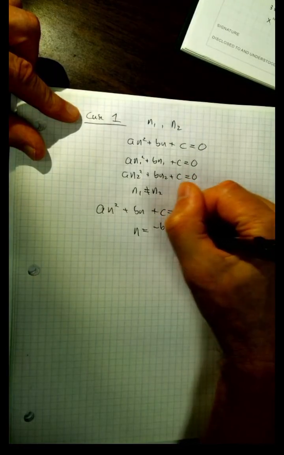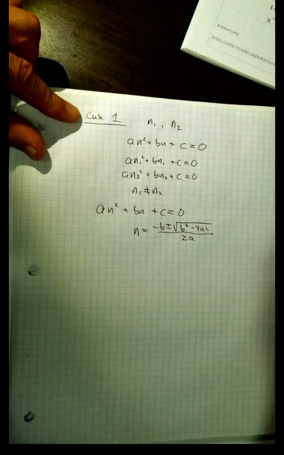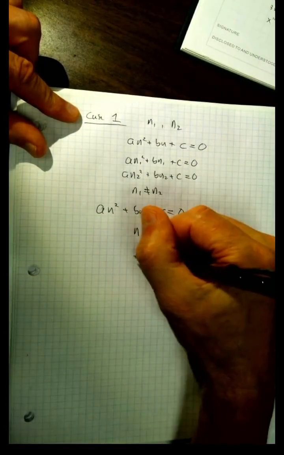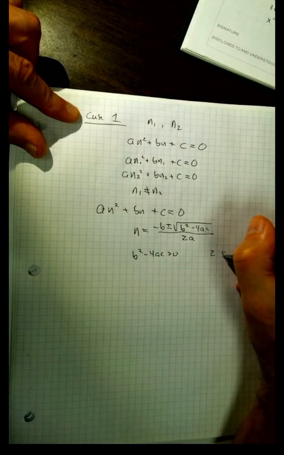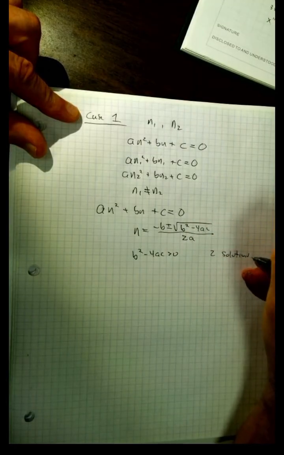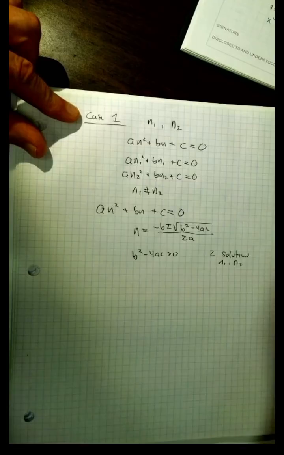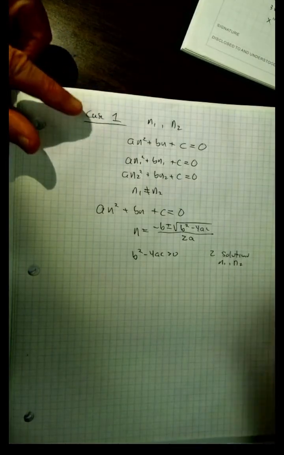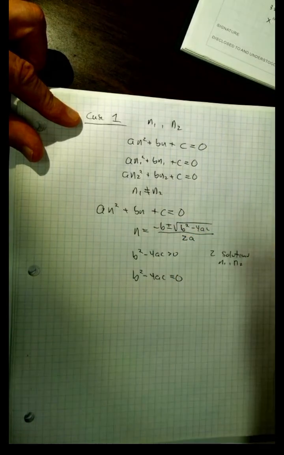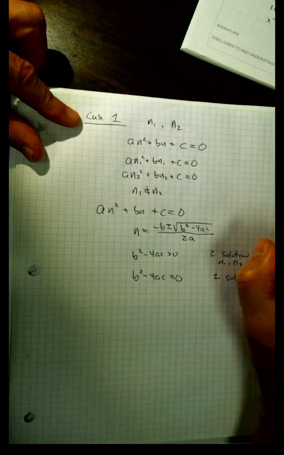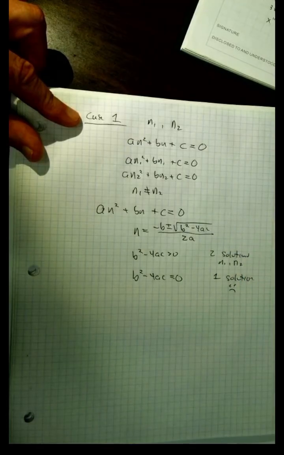And if b squared minus 4ac is greater than 0, I have two solutions, n1 and n2, no big deal. If b squared minus 4ac is equal to 0, I'm going to have one solution, or a double root.